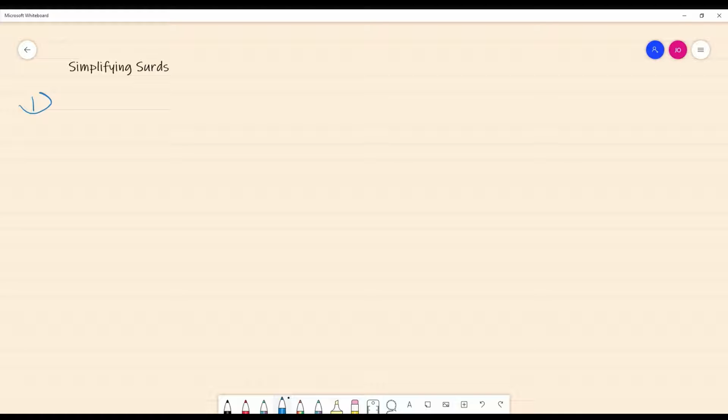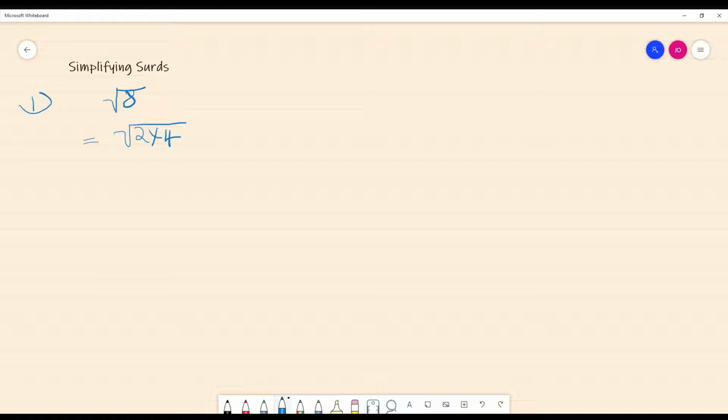Let's say the square root of 8. So what we're trying to do here is to think of a square number factor. So in this case, we're going to have 2 times 4 in the square root. And we know that the square root of 4 gives us 2.